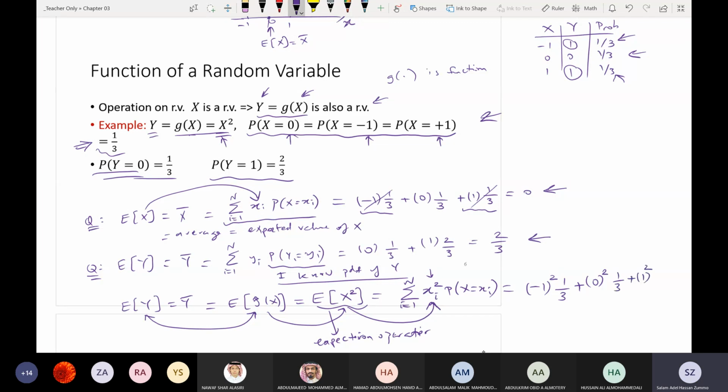So every value of x I square it and multiply by 1/3. Now let's see what this is. This is 1/3, وهذه 1/3. This is 2/3 plus 0. So it's 2/3, which is the same as this answer.